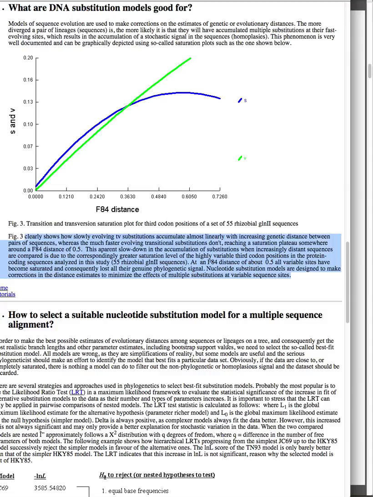You can test this by plotting the number of transitions and transversions per site versus the genetic distance between each pair of taxa in your analysis. Applying a model of sequence evolution that takes into account things like variation in nucleotide substitutions, you would assume that as you increase the evolutionary distance, the number of substitutions per site increases.